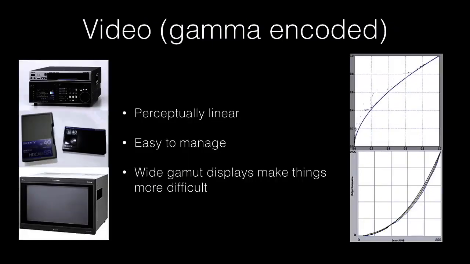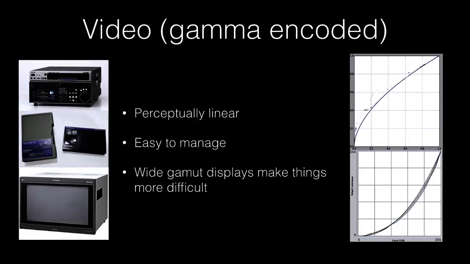So, different types of workflow and signals. Something that is, I would say, the legacy, the first one, at least in digital, is the video signal, which has been designed to be perceptually linear. Perceptually linear means that what you see on your TV looks like how it was shot with the camera.